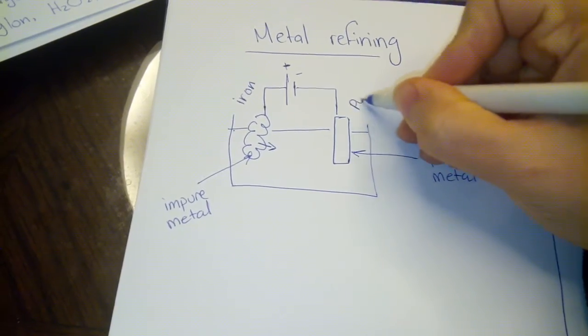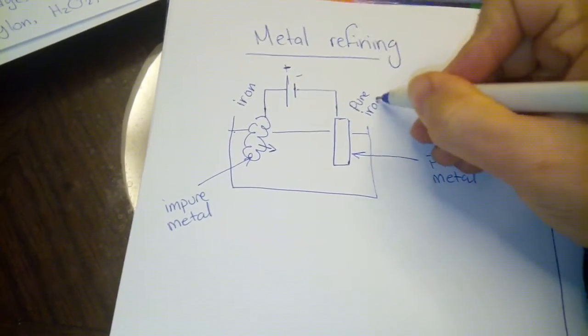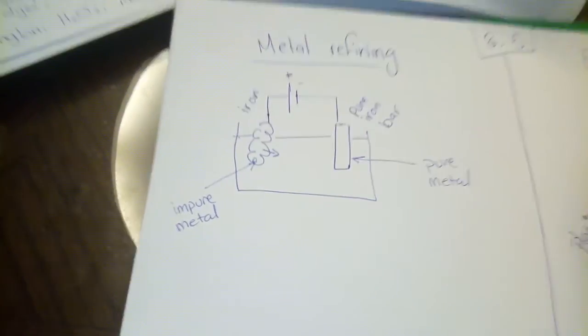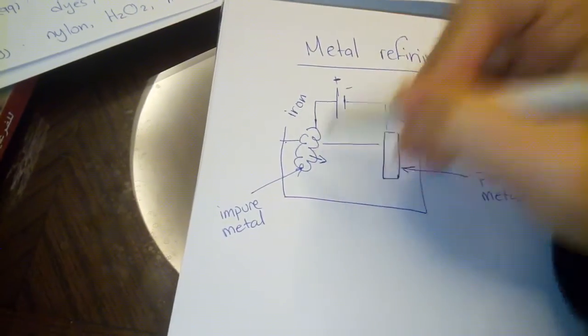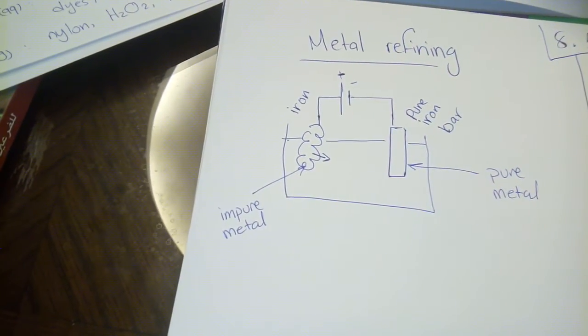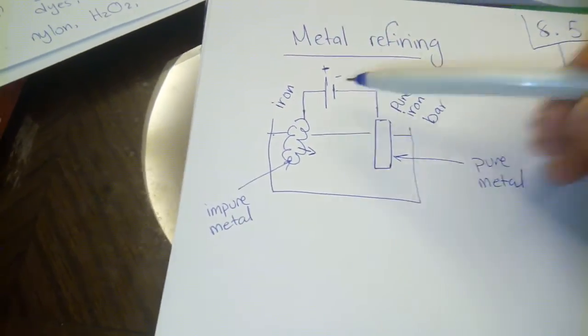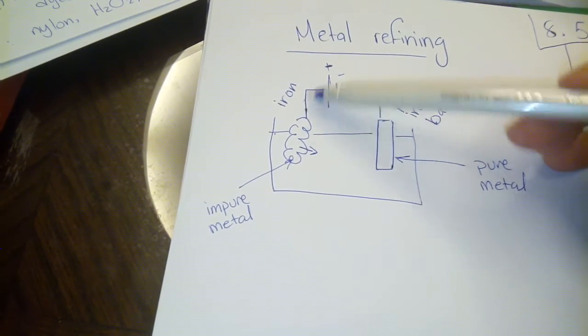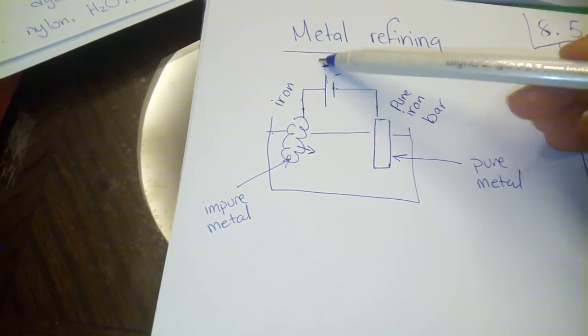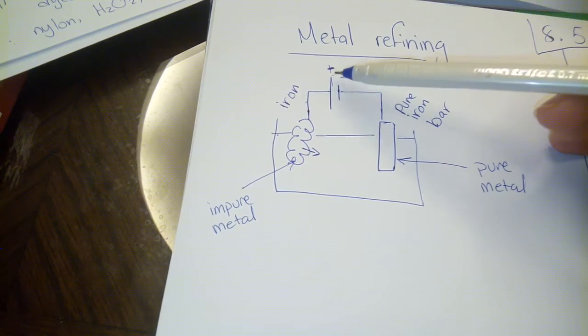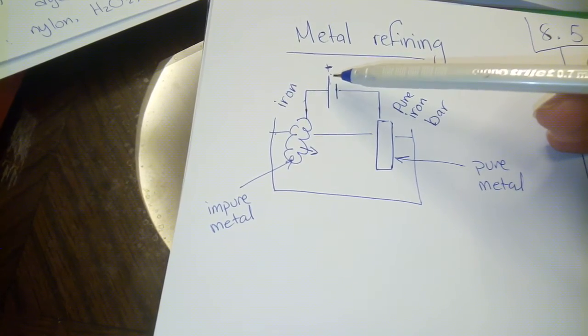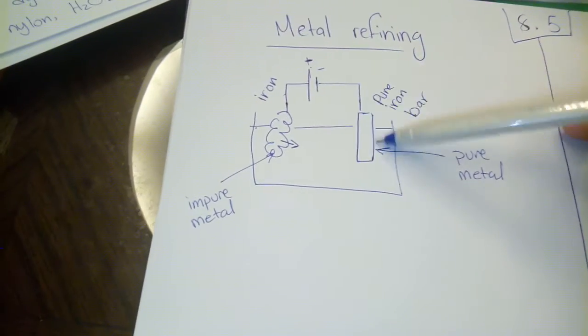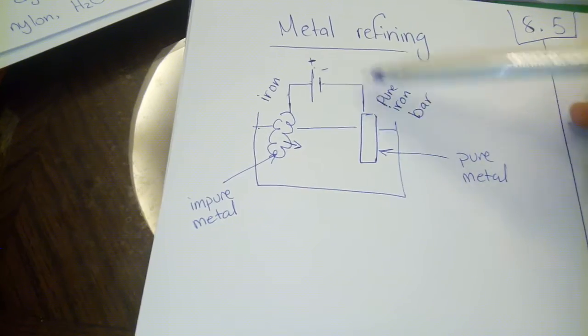So I have an impure piece of iron and I need to purify it. I will put this impure piece on the anode. It means I will connect this part to the positive terminal of the battery, and I'm going to put the pure bar on the cathode.